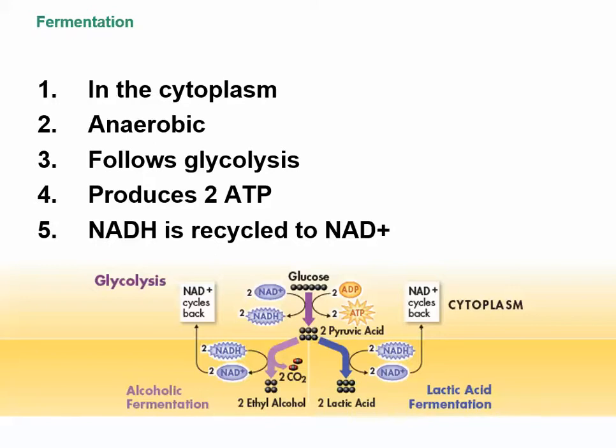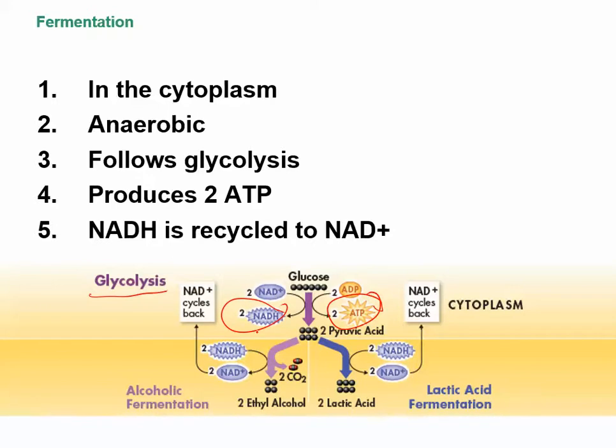So if you look at the picture down here on the bottom, you see where glycolysis occurs, and 2 ATP are produced right here, and then 2 NADH are produced right here.